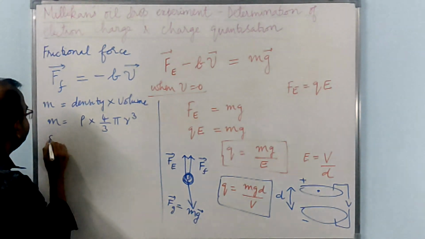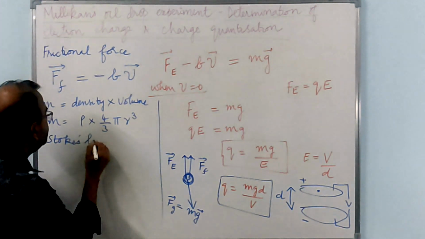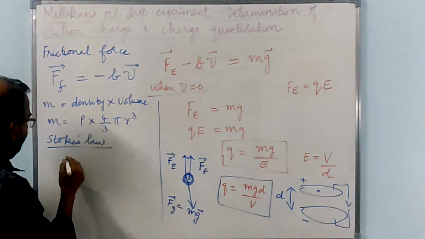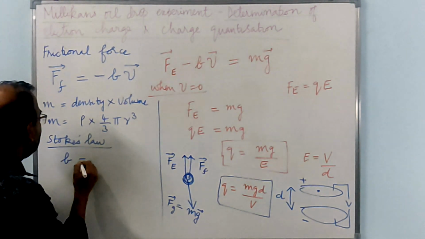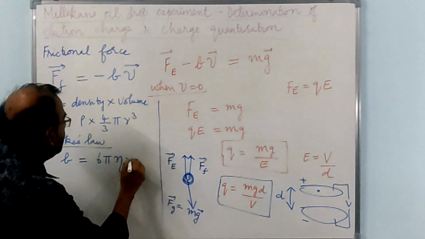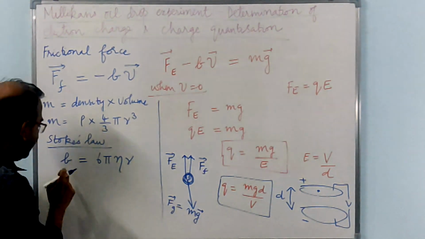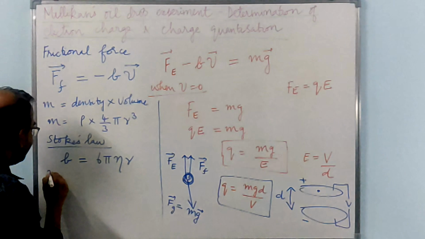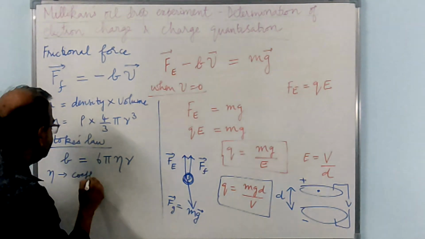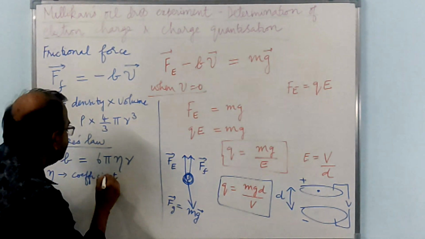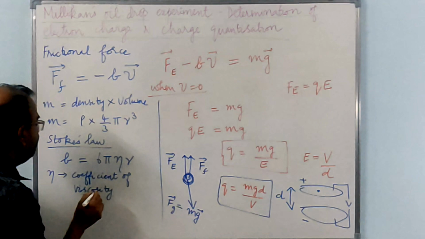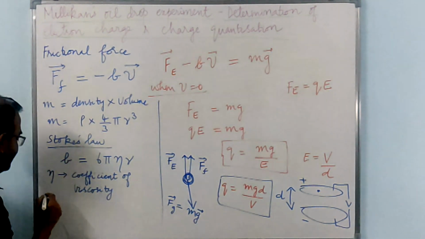According to Stokes' law, the constant B is equal to 6 pi eta r, where eta is the coefficient of viscosity and r is the radius of the spherical drop.